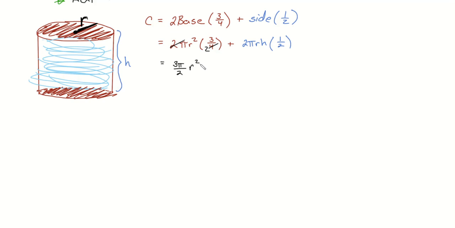Why would I write it like this instead of the more maybe natural 3 pi r squared over 2? Why is this the better choice? It's my constant multiple. When I'm thinking ahead about doing the derivative, that's what this is going to let me do easily. How about the right side of this? Anything nice, or what nice thing happens here? 2 and 2, so it's just pi r h.